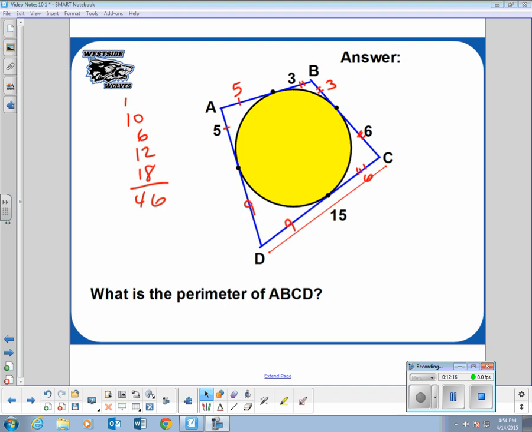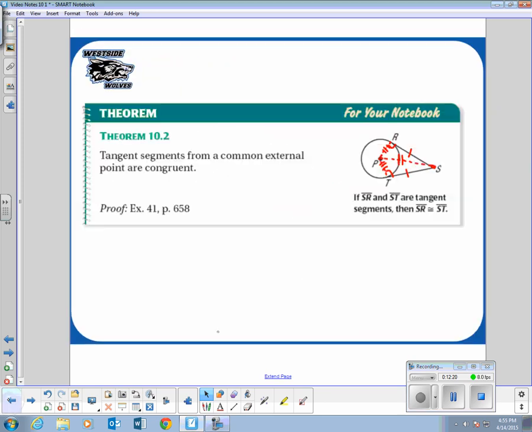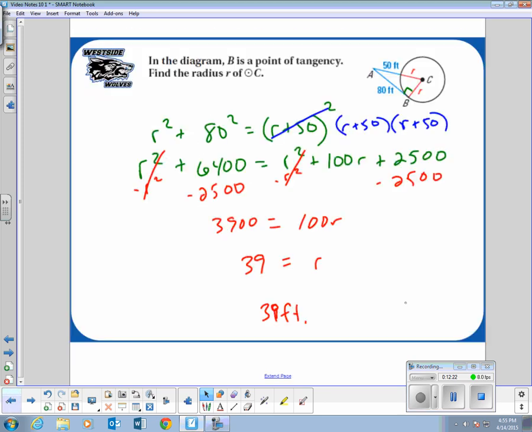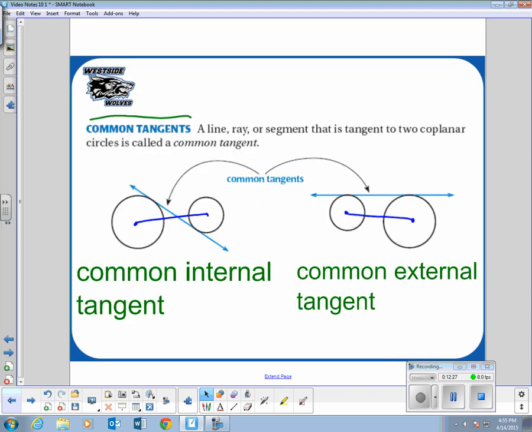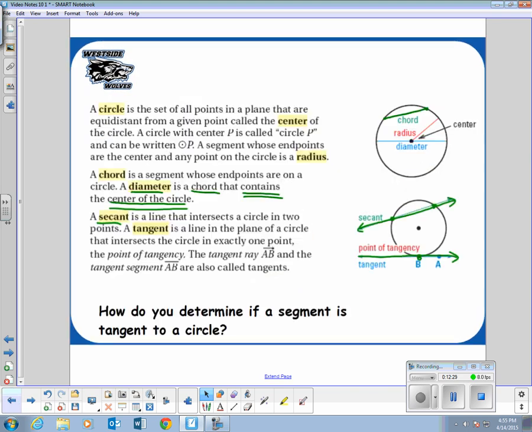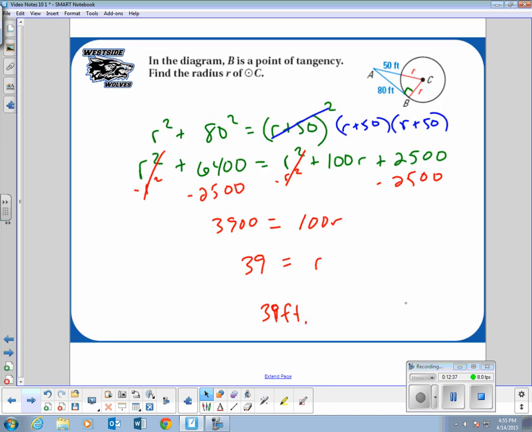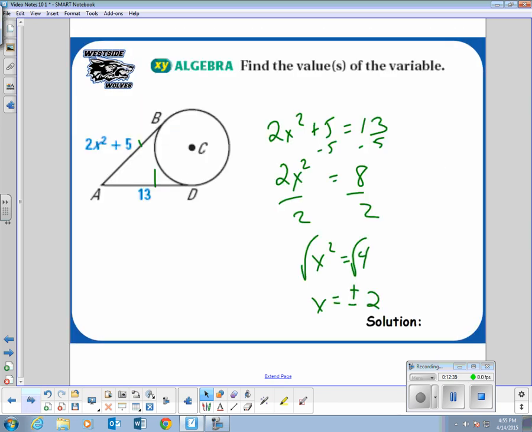Now, let's go back to the question that we asked at the beginning, remember. There it is. How do you determine if a segment is tangent to a circle? So if we have a segment that is tangent to a circle, what do we know about that segment?